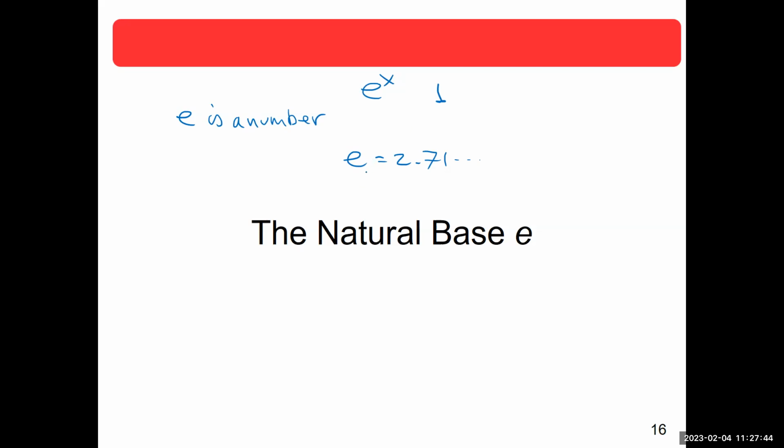Well, with this number, we're going to have a function y equal e to power x. Is that different from a to power x? There are no changes in the properties. Whatever we said about a to power x, we apply to e to power x because e is a number.